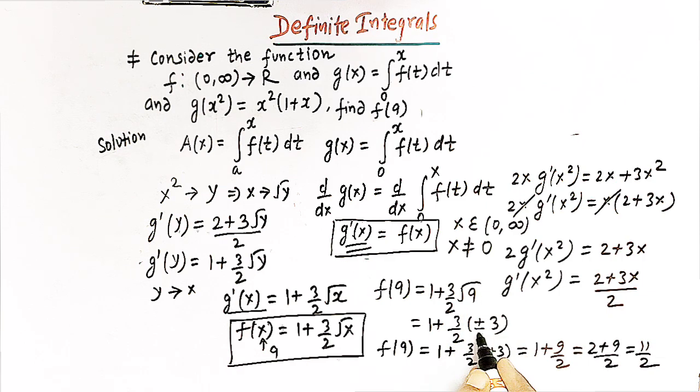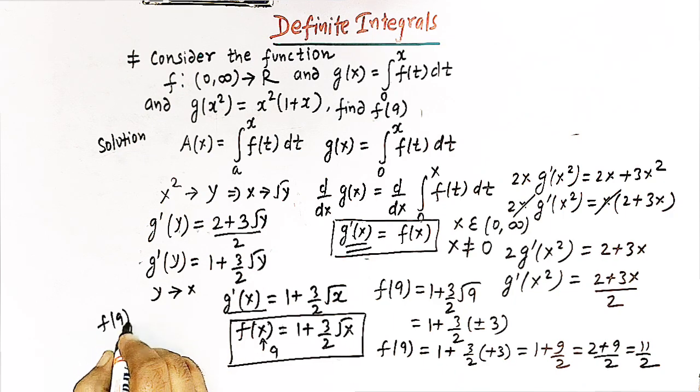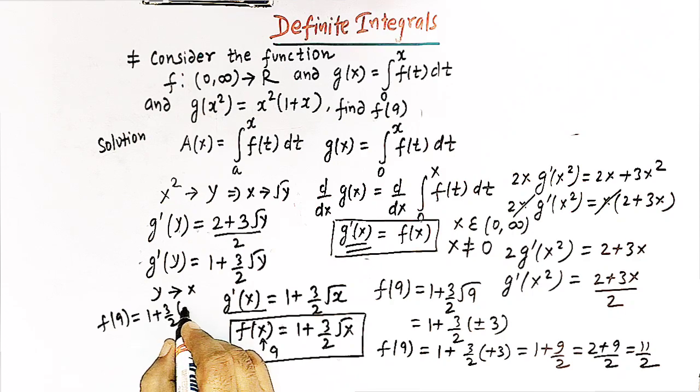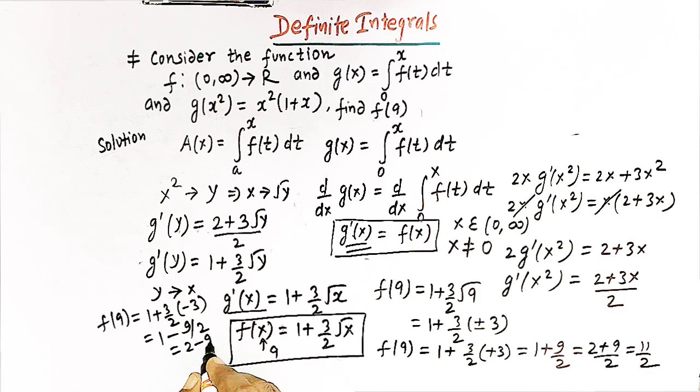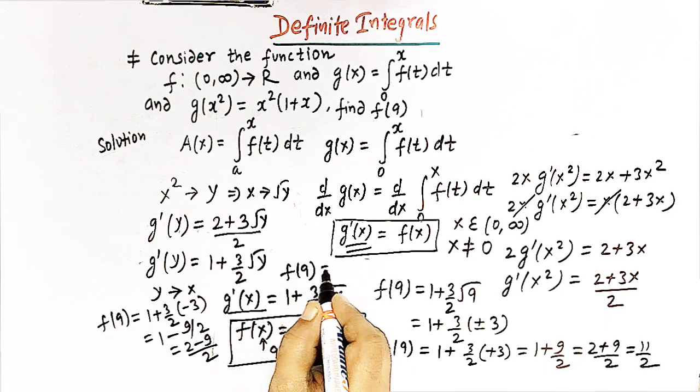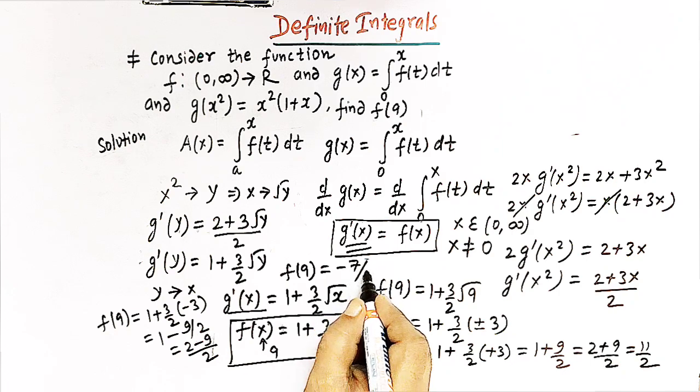Now taking the negative square root, we have f of 9 is equal to 1 plus 3 over 2 times minus 3. So this is 1 minus 9 over 2, that is 2 minus 9 over 2. So f of 9 is equal to minus 7 over 2.